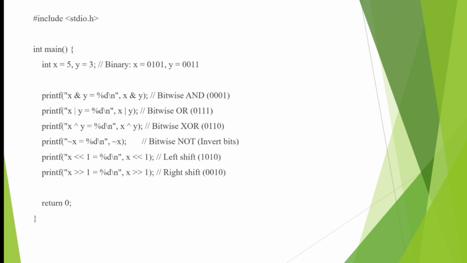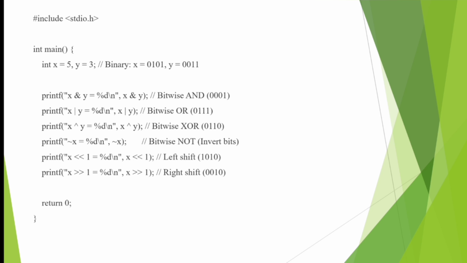Same as logical AND, it will return true only if both the values are true. If any one of the values is false, it will return false. So 0101 AND 0011 will return 0001. It is a binary value, so the output will be 1.